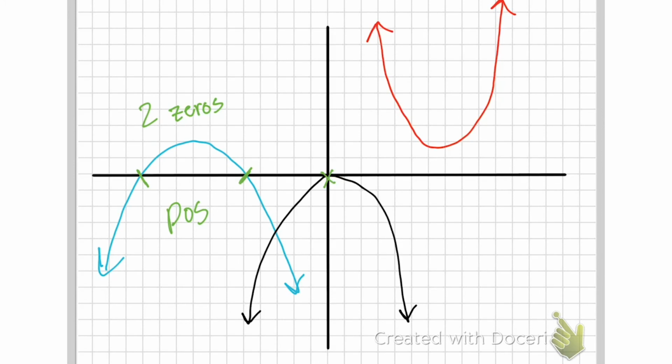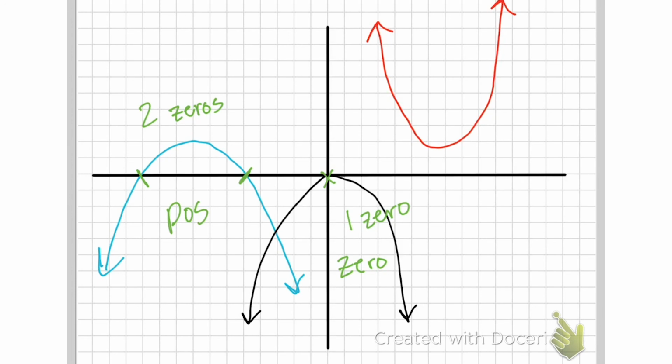So this has 1 zero, one x-intercept, okay? So that means that the discriminant has to be 0. Okay, so if there's 1 zero, then the discriminant is 0. It equals 0. I don't know what all it is, but I just know that it equals 0.